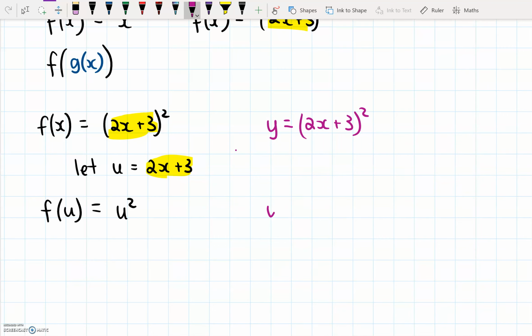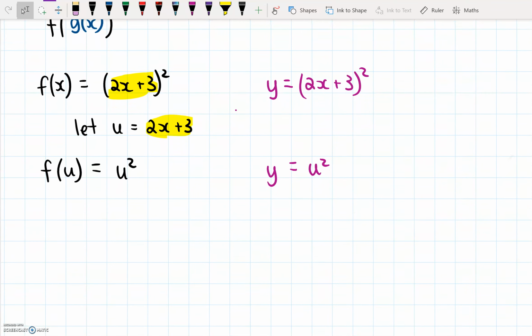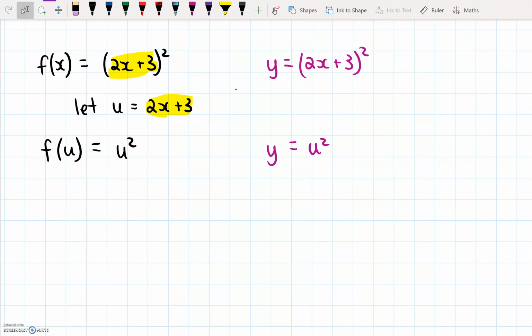Now we have y equals u squared. Now, if we differentiate this, if we differentiate y equals u squared, we get dy, and instead of dx, it's going to be du. So if we differentiate this, we get 2u.